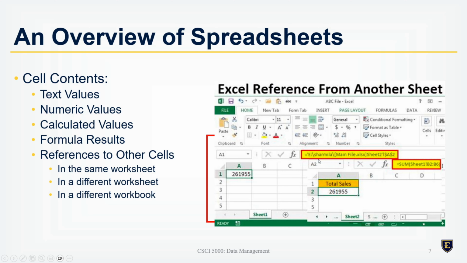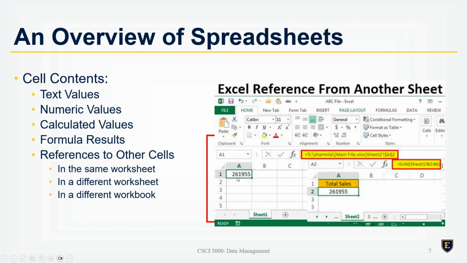So here's another example where Excel is referencing from another worksheet. So if we look in sheet 1 and sheet 2, here we see that the value in this particular cell, cell A2 on sheet 2, is referencing sheet 1's B2 through B6 range.